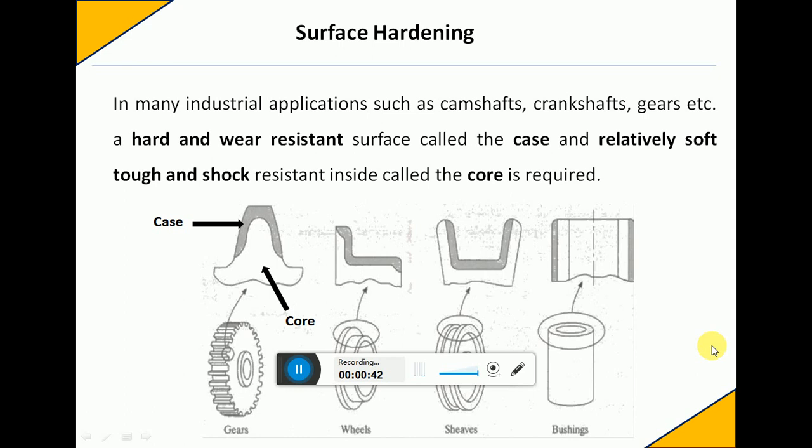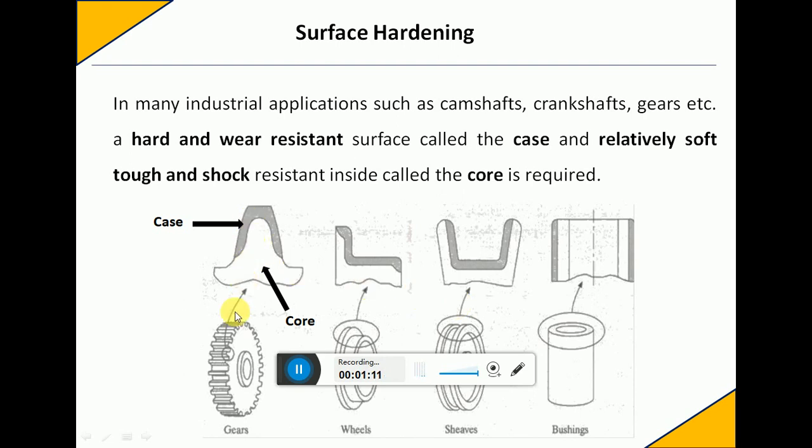Surface hardening. Most of the applications such as camshaft, crankshaft, gears, this type of applications require a hard and wear resistant surface. This surface is also called a case, and comparatively it requires a soft, tough and shock resistant inside, which is called a core.